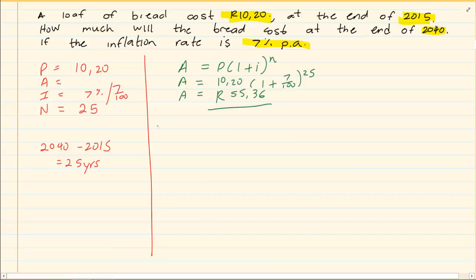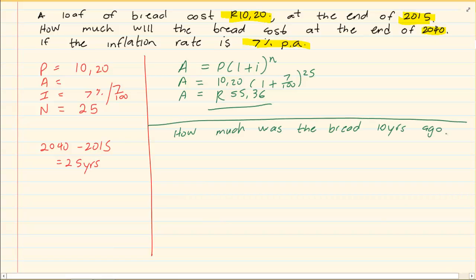Now let's change the question slightly. Again, they are asking how much was the bread 10 years ago.